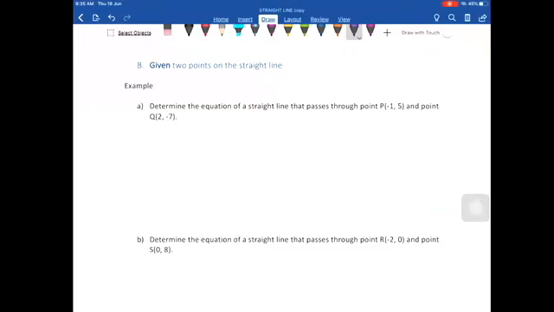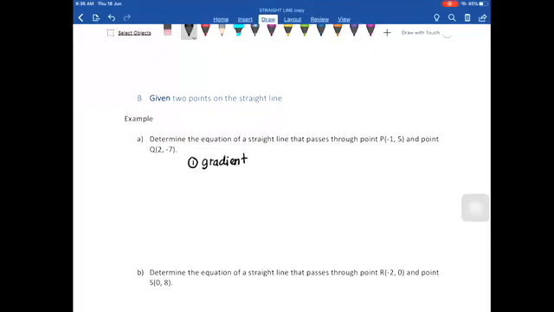So teacher dah kata tadi first, whatever it is, you have to find gradient. Okay, determine the equation of a straight line that passes through point P, -1, 5 and point Q, 2, -7.